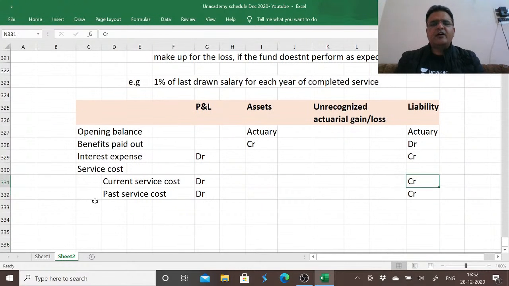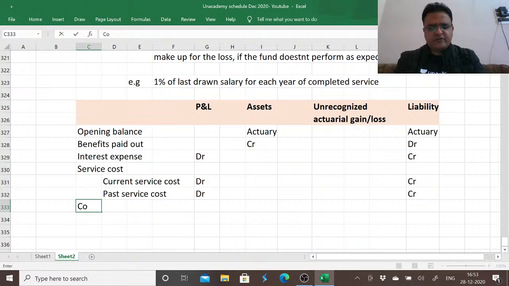So this is what we could account for during the year: we know the opening balances, we could account for the benefits paid out during the year, that is we reduce the asset from the benefit paid out, we reduce our liability, the interest expense increases our liability and is a debit to P&L. The current service cost or past service cost is a debit to P&L and credited to liability.